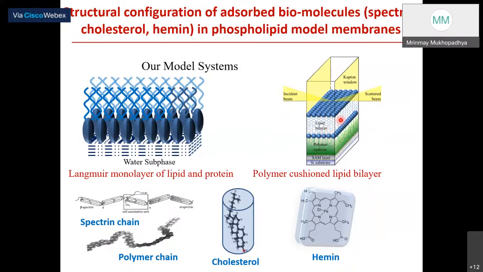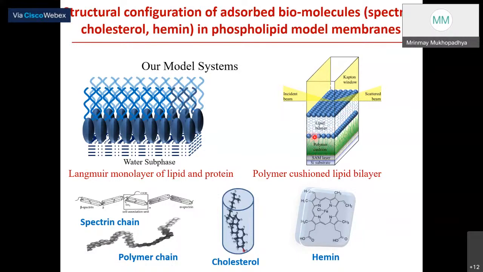So you can think of this as a single-layer vesicle on a substrate. Instead of having a curvature in a vesicle form, it is a planar form, part of a vesicle.